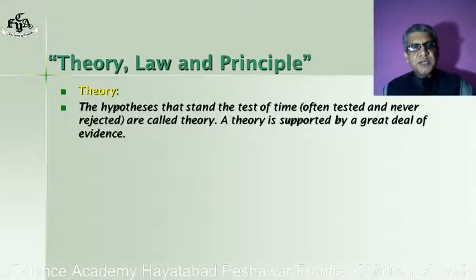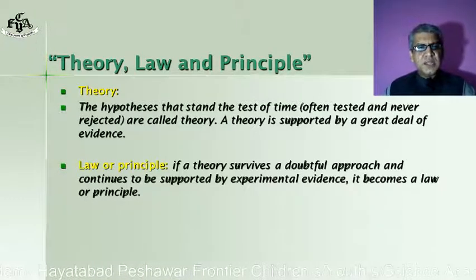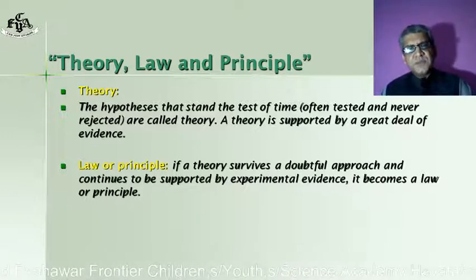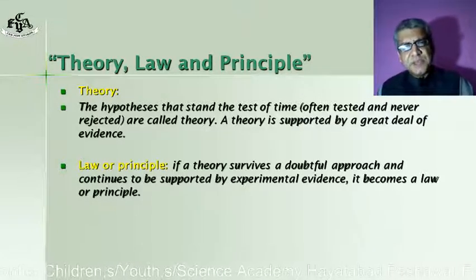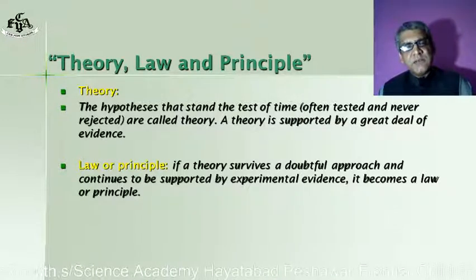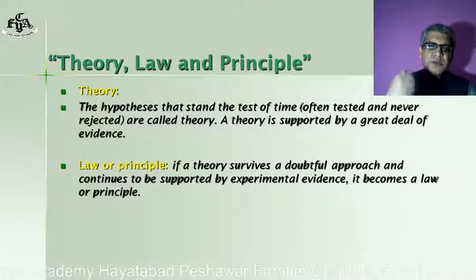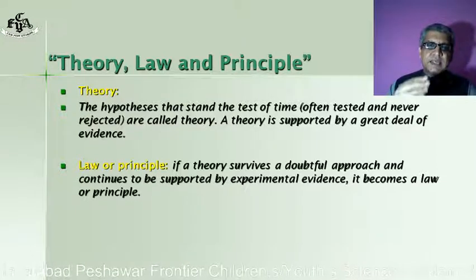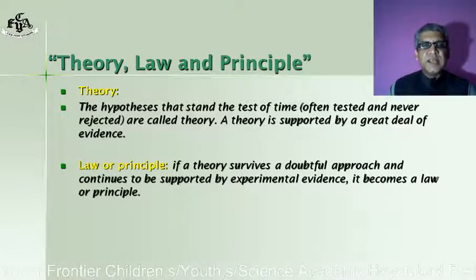Now come toward law or principle. It is also called scientific law or principle. If a theory survives a doubtful approach and continues to be supported by experimental evidence, it becomes a law, or is called a scientific principle. And it is universal, it will be constant, and it will never be rejected, and it is acceptable throughout the world, and there is no chance for its rejection.